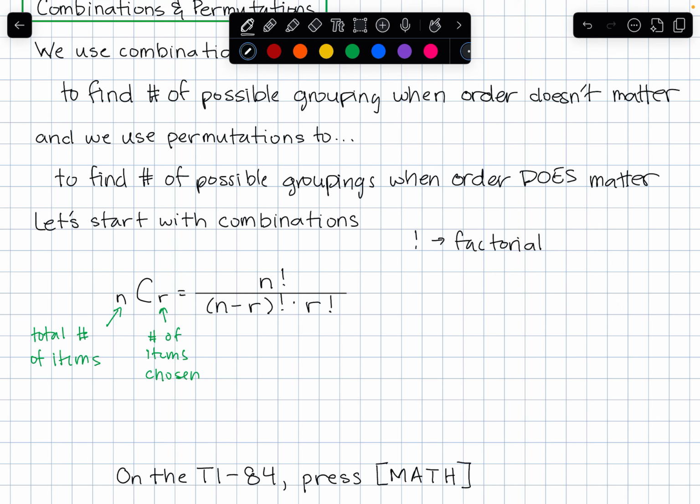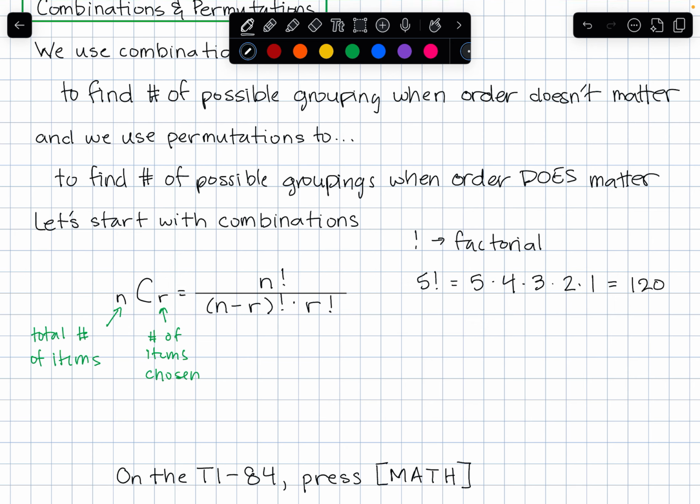So I'm going to write some patterns so you can get a feel for what that's doing. If I did 5 factorial, what I'm actually telling people to do is take 5 and multiply it by all the numbers less than 5 down to 1. So 5 times 4 is 20, times 3 is 60, times 2 is 120, times 1 is 120.